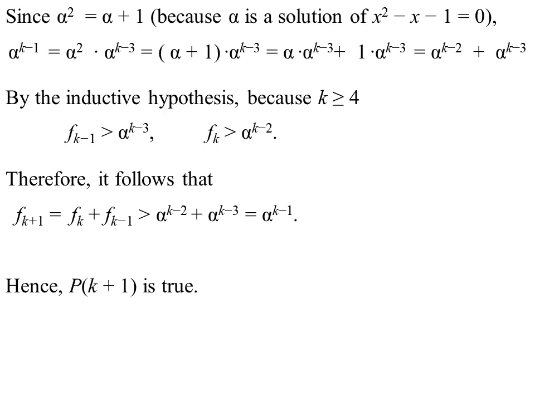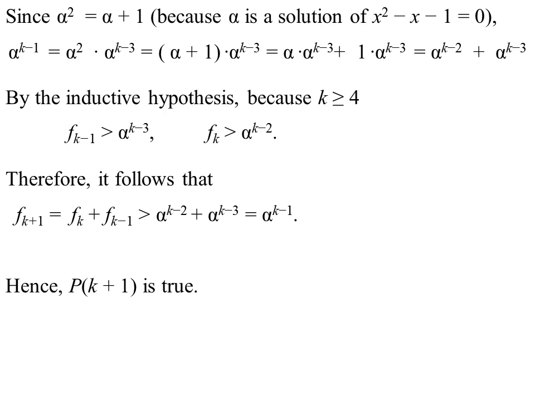By the inductive hypothesis, because k is greater than or equal to 4, f(k-1) will be greater than alpha to the power of k minus 3. Similarly, f(k) will be greater than alpha to the power of k minus 2.